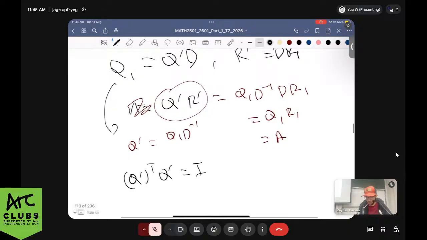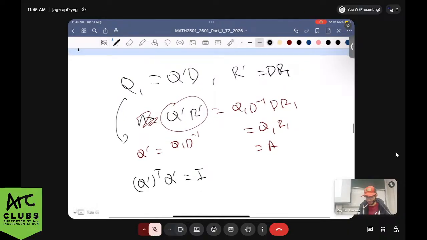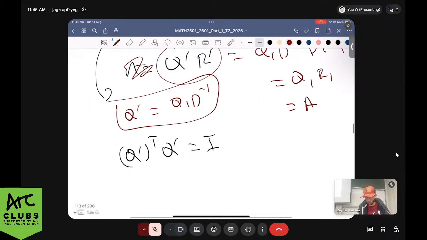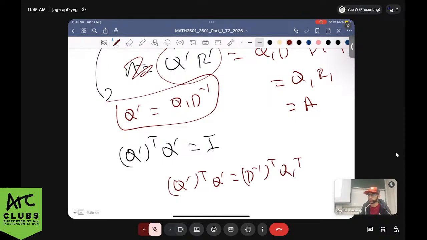Okay, so Q prime transpose Q prime. So what even is Q prime? It's this thing, right? So Q prime transpose Q prime should be, I guess, D inverse transpose Q1 transpose, from the transpose product rule, times Q1 D inverse.